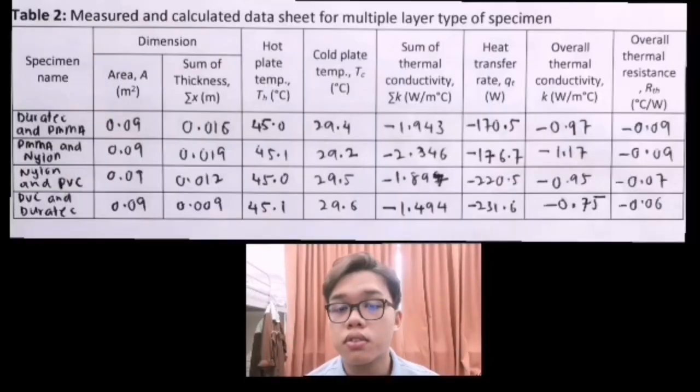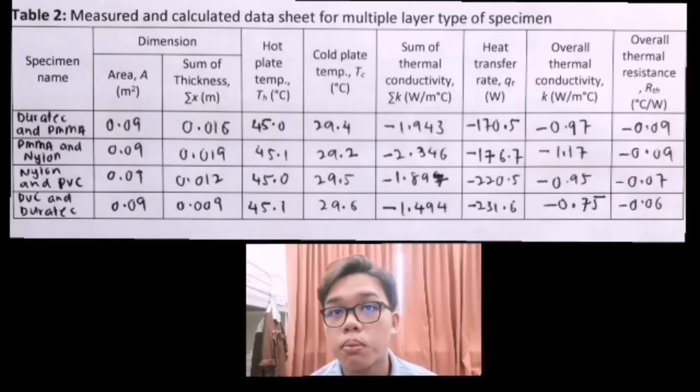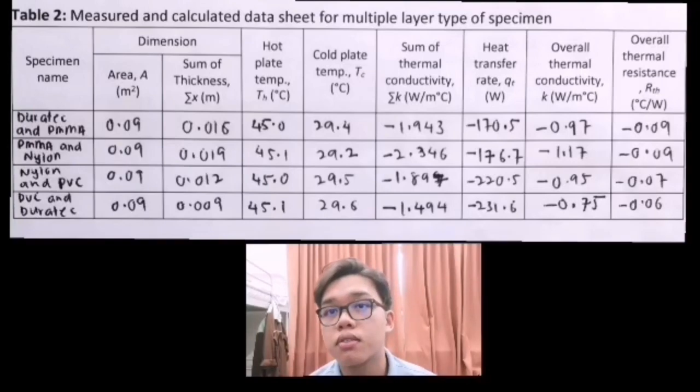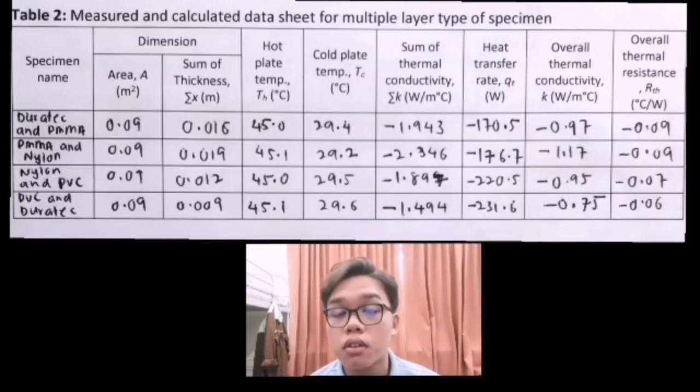The result for the first specimen, Duratec and PMMA: the value of hot plate temperature is 45.0, cold plate 29.4. Sum thermal conductivity is negative 1.943. Heat transfer rate is negative 170.5. Overall thermal conductivity is negative 0.09. Overall thermal resistance is 0.09.